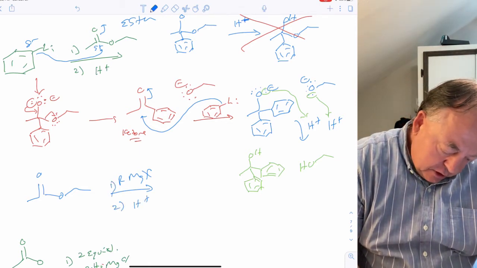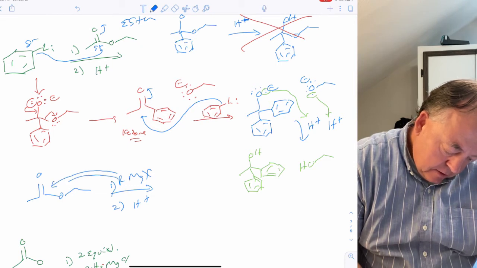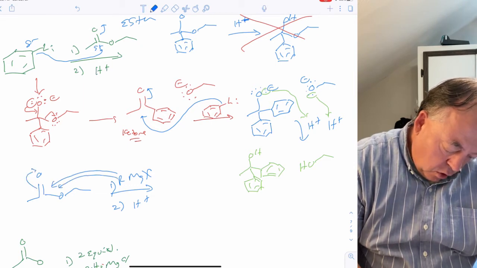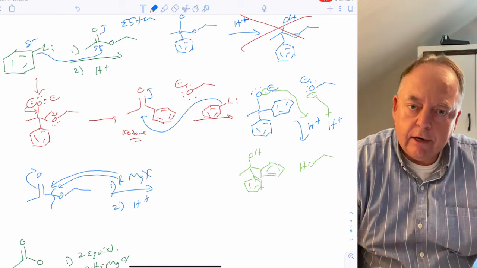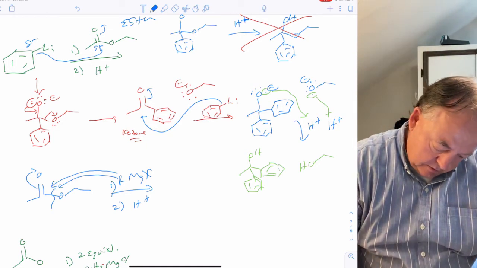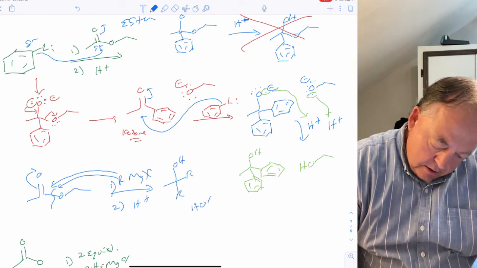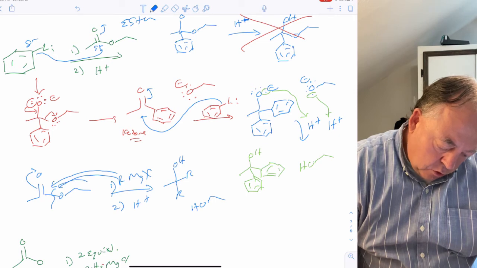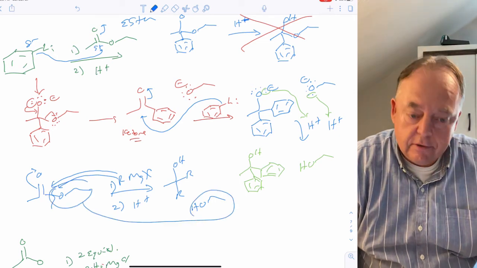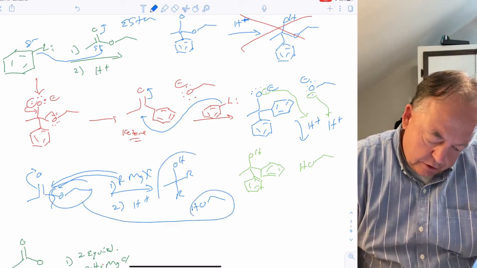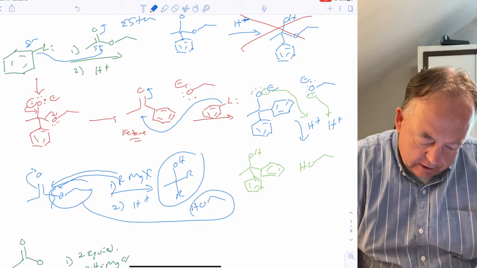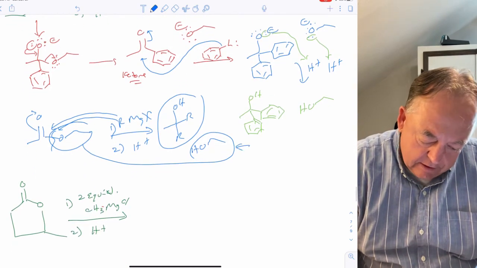Basically what's going to happen is two of these are going to add here, and that's going to become an OH, and this is going to break off the molecule. So you add two R groups here, and whatever the OR group is comes off the molecule. So you would make that as your major organic product, and of course this is organic as well.